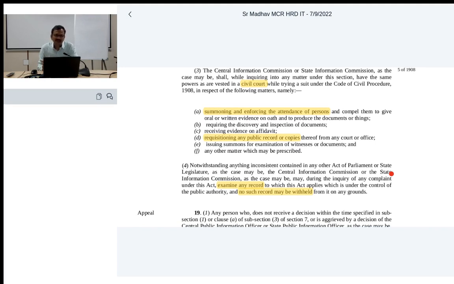If the commission likes, it can send an officer to search and examine any record which is under the control of a public authority, and no record can be withheld from the commission. You can withhold information from a requester, but as a PIO, you cannot withhold any information from the commissioner. The commission can have in-camera inspection of any record before deciding whether to disclose the information or not.